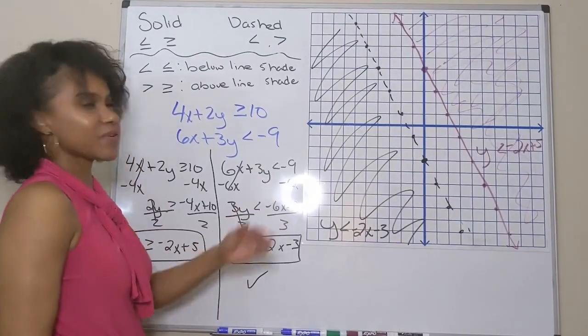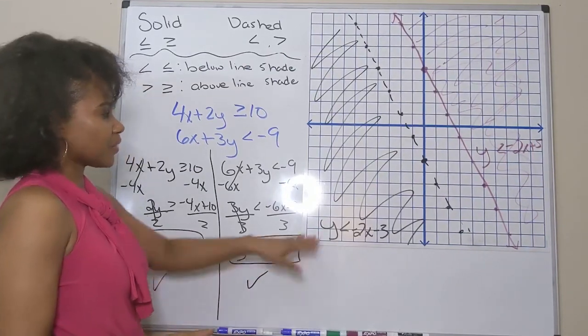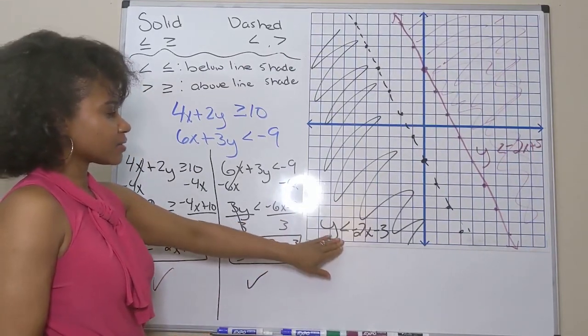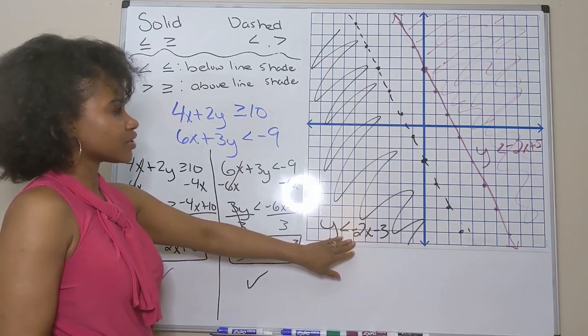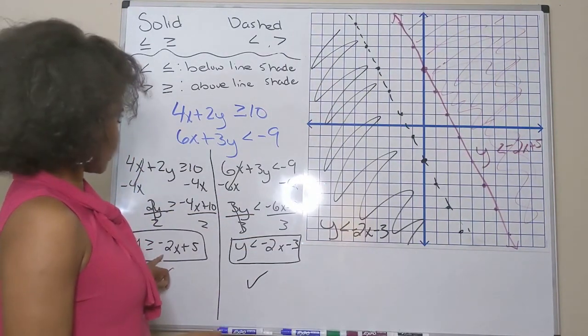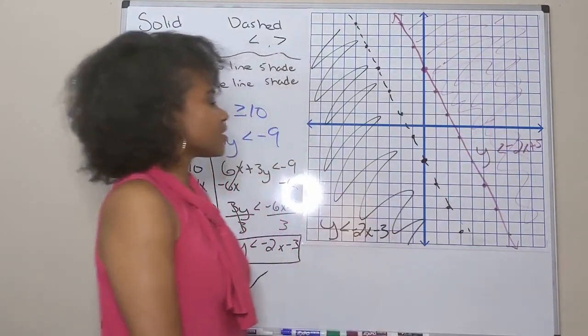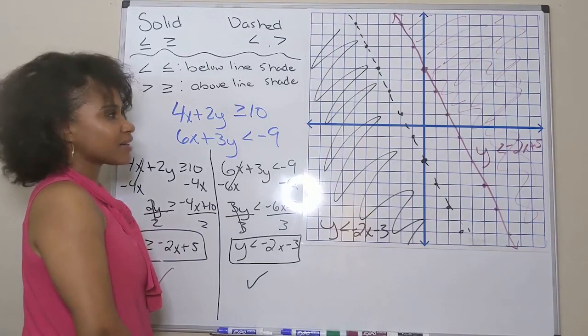All right, so I've graphed both equations, so hopefully you got it correct. Over here, y is less than negative 2x minus 3 is here, and then y is greater than or equal to negative 2x plus 5 is graphed here. And so what do we notice about these graphs?